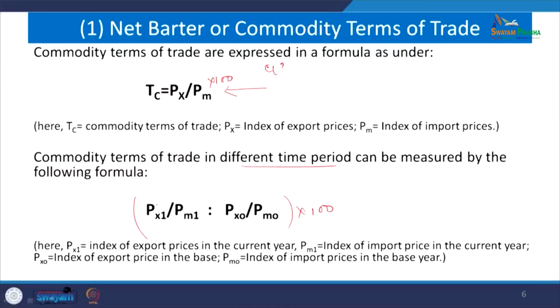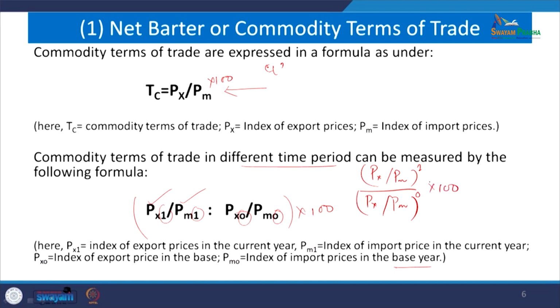Here we are referring to the price of exports of the current year and the price of imports of the current year. 1 stands for the current year, whereas 0 stands for the base year. Base year is mentioned. Now, it's all about Px by Pm in period 1 divided by Px by Pm in period 0, or base year, into 100.